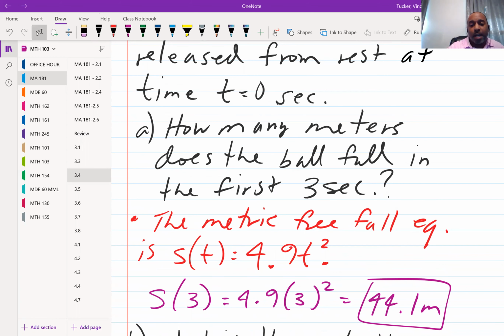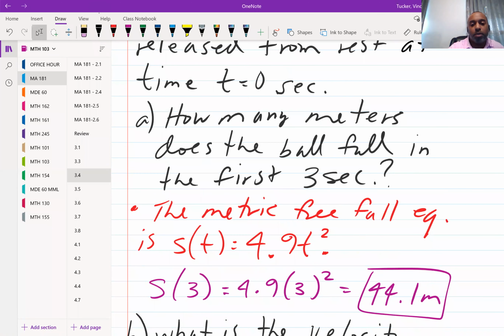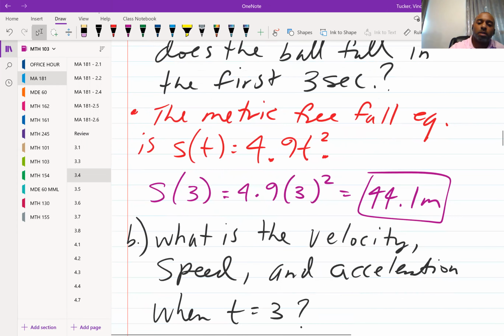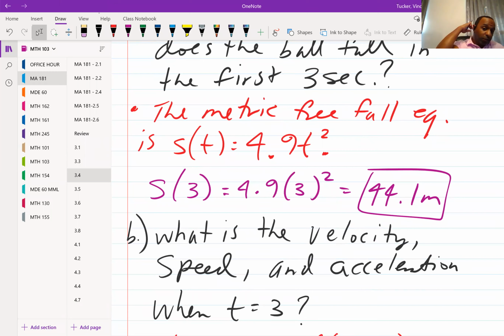It's 4.9 times 3 squared, which will give you 44.1 meters. All right. Any problems with the first one? All right. B, what is the velocity, speed, and acceleration at t equal to 3?